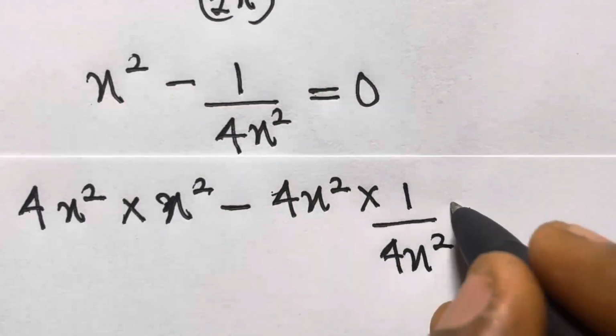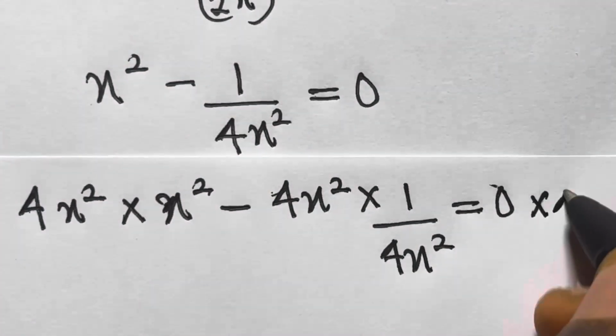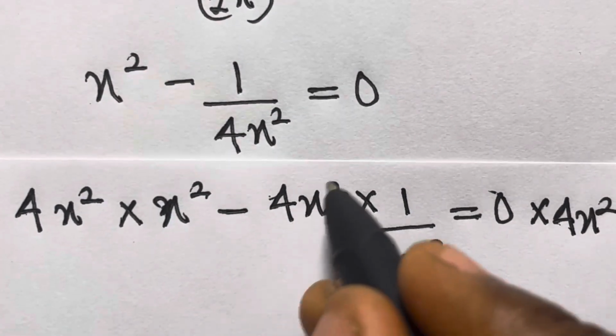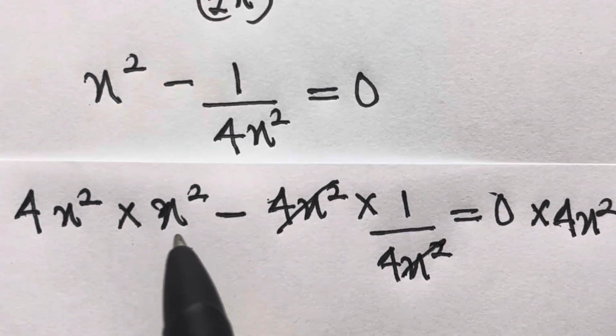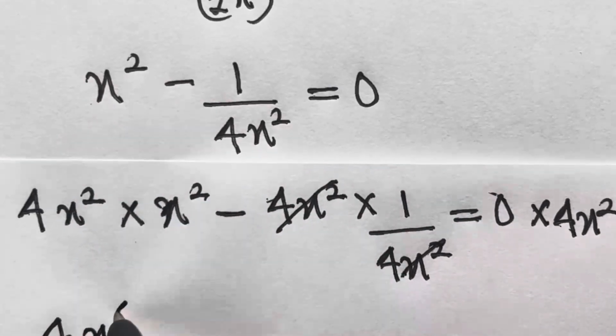We have 0 on this side, then we multiply it by 4x squared. So from here we see that we cancel this, so we have 4x squared times x squared, we have 4x raised to the power 4.